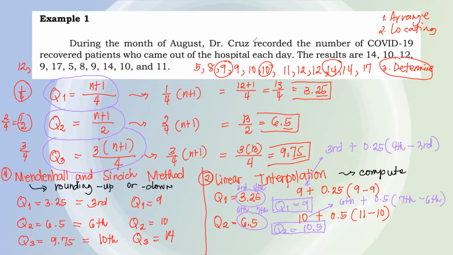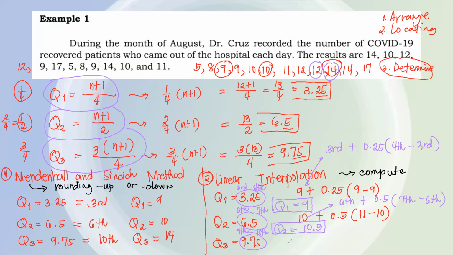How about the third quartile? So, sa third quartile natin, as you can see, that is 9.75. So, nasa pagitan siya ng anong data? Nasa pagitan siya ng 9th data and 10th data. So, alin dyan yung pang 9? 1, 2, 3, 4, 5, 6, 7, 8, 9. So, ito yung pang 9 natin. Ito yung pang 10.